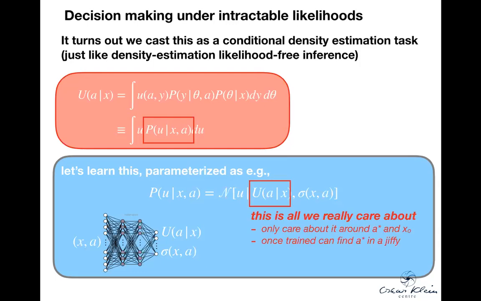So we can be a bit fast and loose with getting the assumptions about the shape of the utility distribution right. We also only care about the expectation value in the neighborhood of the optimal action and the data that we actually observed. And in case it's not obvious, once we've trained a neural network to emulate this thing, getting the optimal action, optimizing it, is easier and can be done in a jiffy.